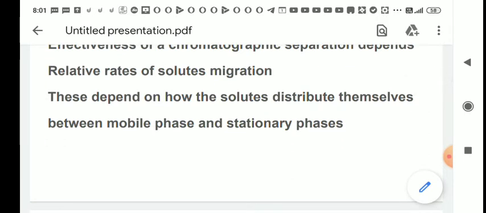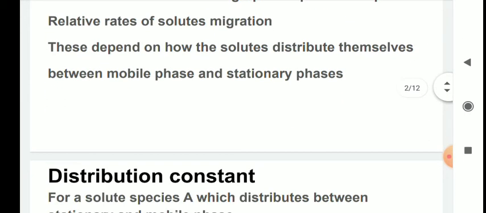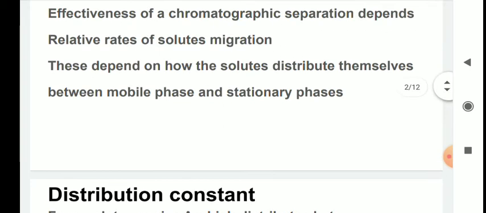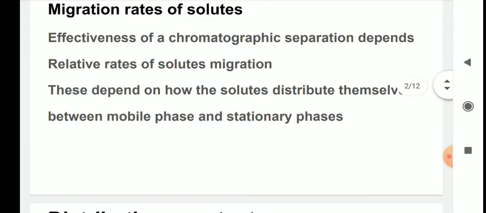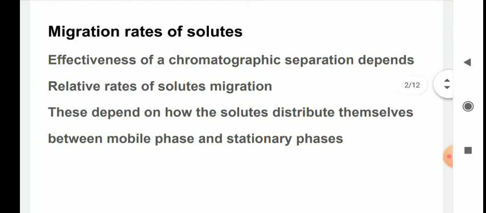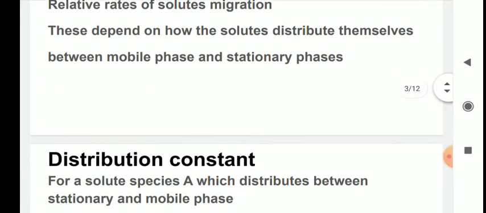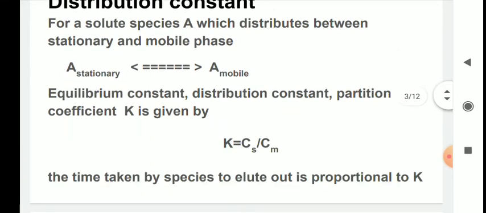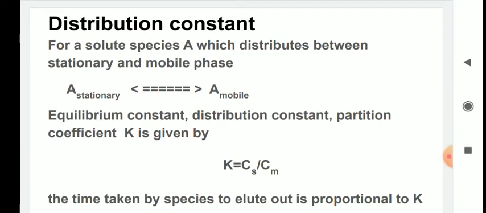Now, to understand in a quantitative way the affinity for the stationary phase, there is a term which is called distribution constant. Suppose you are having a component A in the mixture, it will distribute between the stationary phase and the mobile phase.